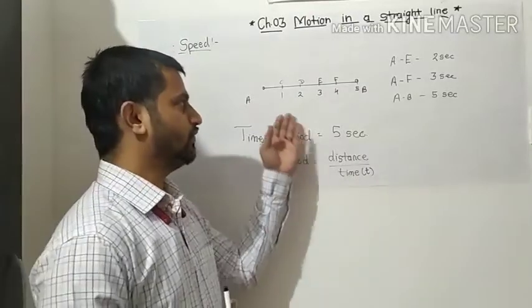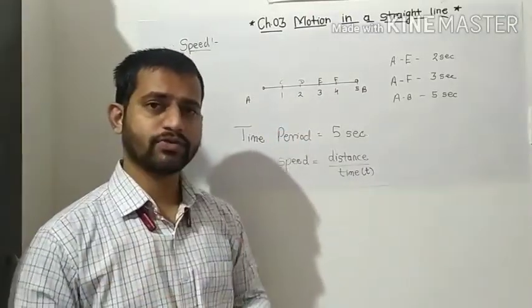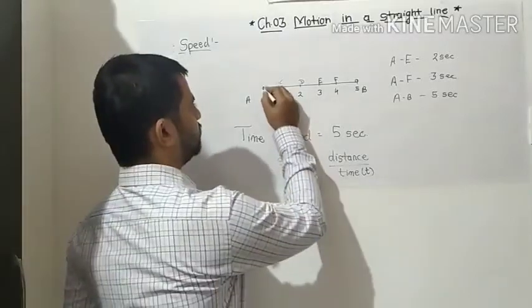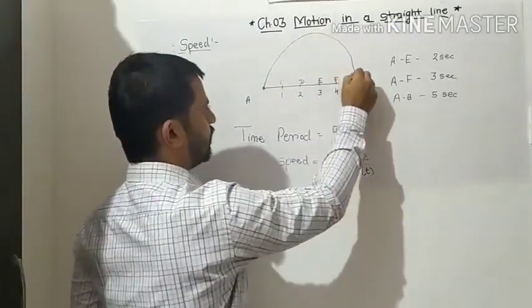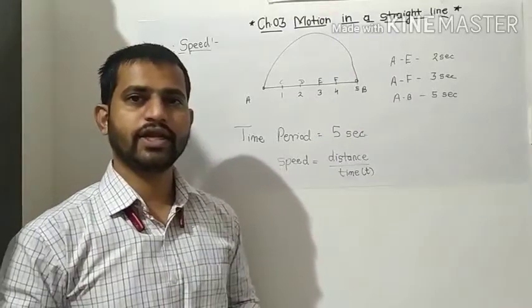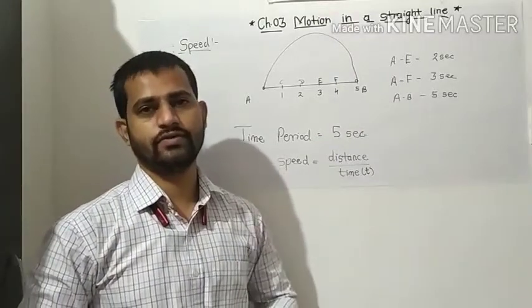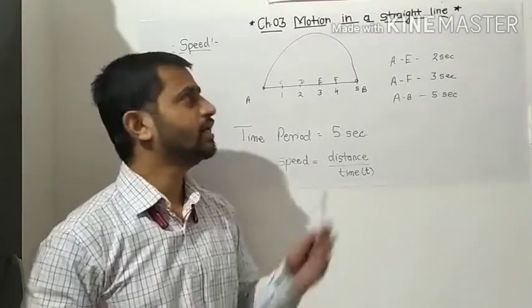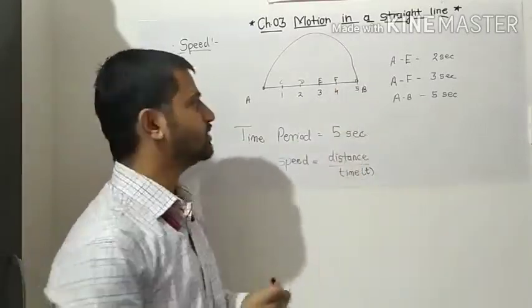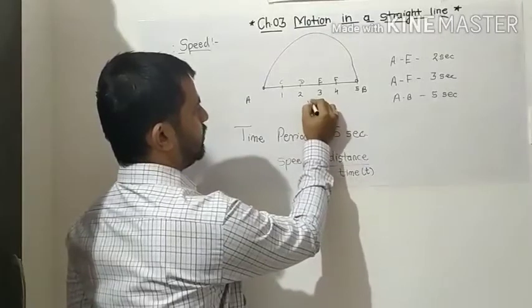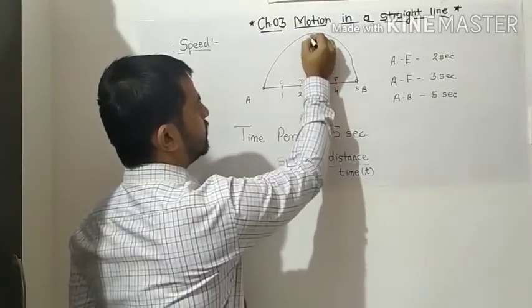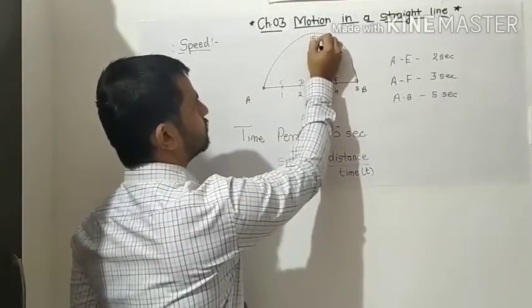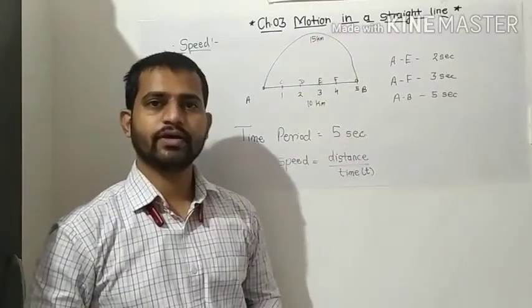Then if you are going by another path, suppose you are going along a curved path and reach point B, then in that case the distance will be different, because it is a longer distance. Suppose this is a 10 kilometer straight line path, then this may be 15 kilometers.